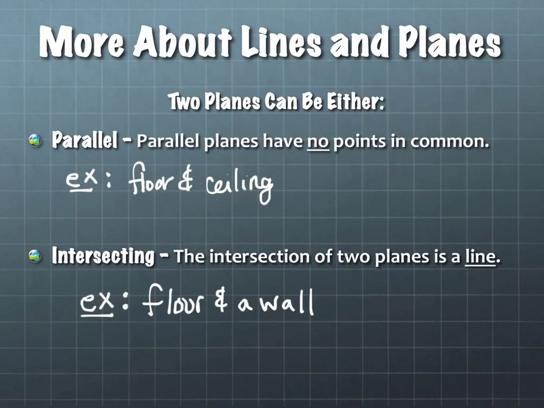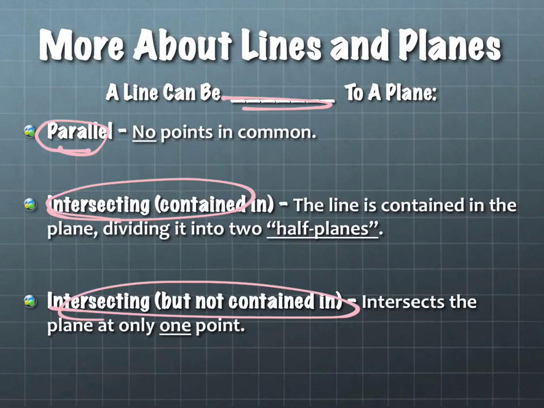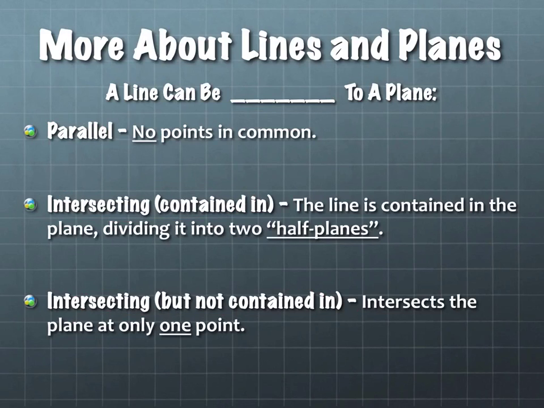Now when we compare a line to a plane, it has one of three possibilities. A line can be parallel to a plane, so each of these words or phrases go in this blank. Are you guys with me? It's a little bit funny looking that way, but that's what it's talking about. So a line can be parallel to a plane, and if it is, that means they have no points in common.